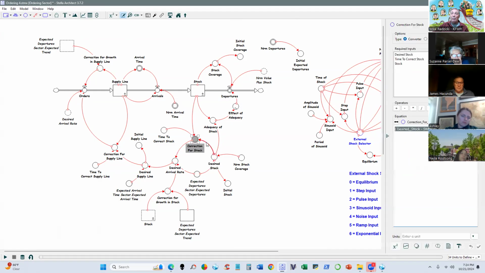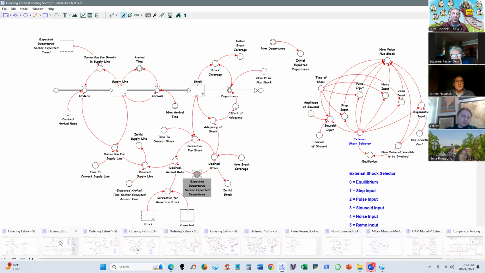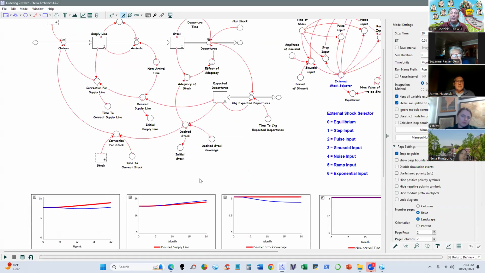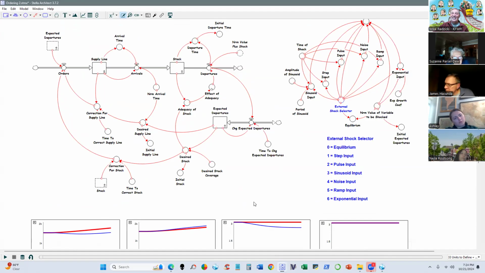And here's our proportional control structure. But wait a minute, wasn't this an adaptive expectation structure from Bill Phillips on the park bench in England? What did I do?